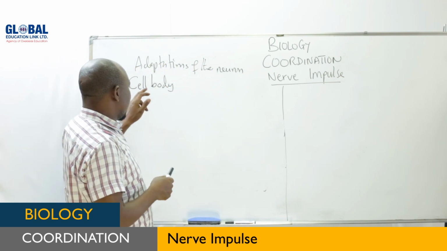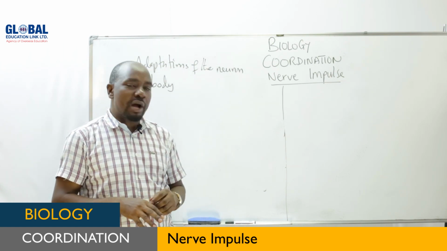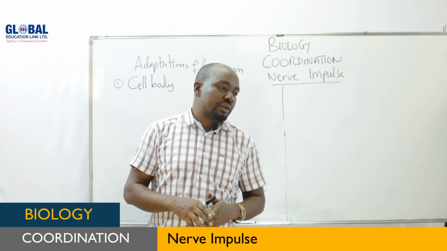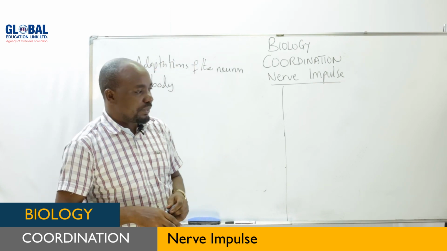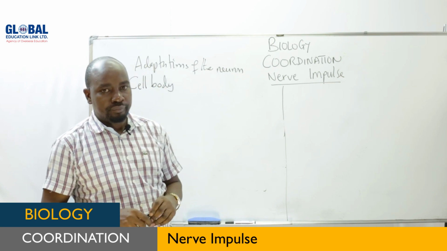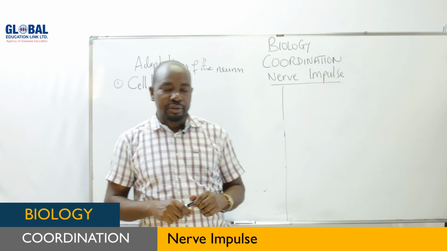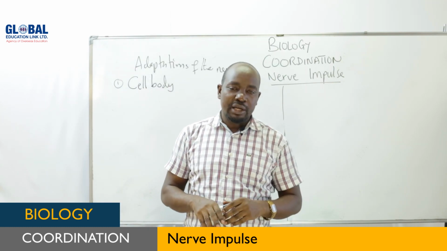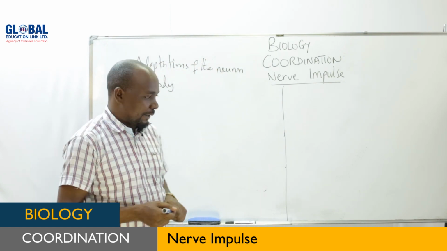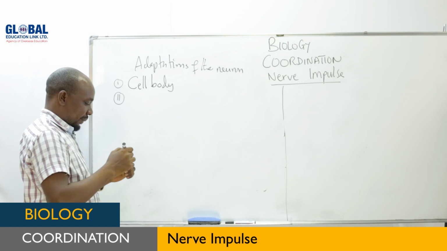The major function of the cell body is to coordinate all activities of the neuron, and it contains a large cytoplasm where there are nutrients to nourish the neuron. So apart from controlling all activities of the neuron, the cell body acts as a nutritional center to feed the cell. That is the advantage of having the cell body.